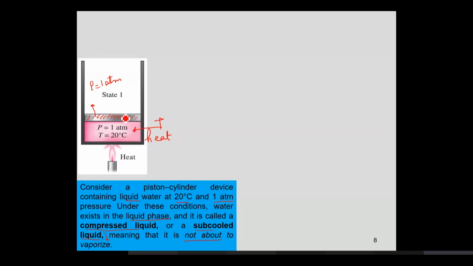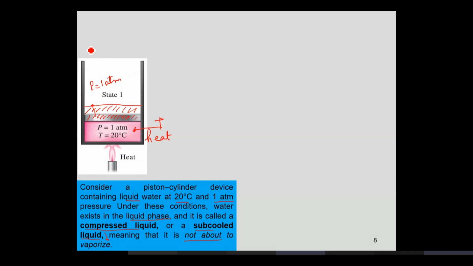If there is no additional force acting on this system, increasing the heat would result in what? Increase in pressure if the volume is kept constant, or if the volume is not kept constant, pressure is kept constant, so it will do some work and acquire some new position. Yes, sir. That means the specific volume would increase.